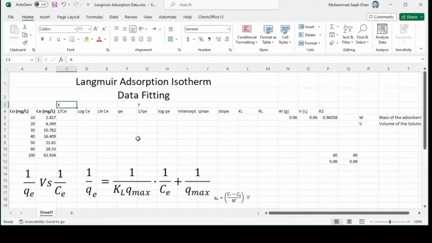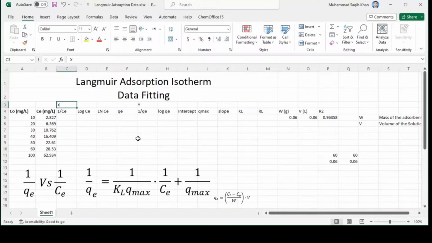I have seen some videos and lectures where they use only one concentration. Let's go to the formula first. RL is equal to 1 over 1 plus C naught into KL.